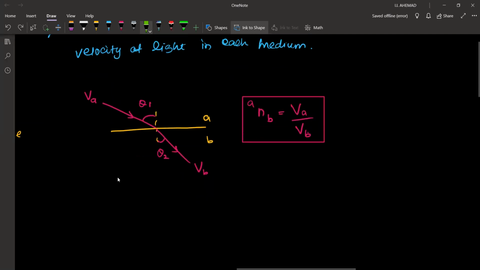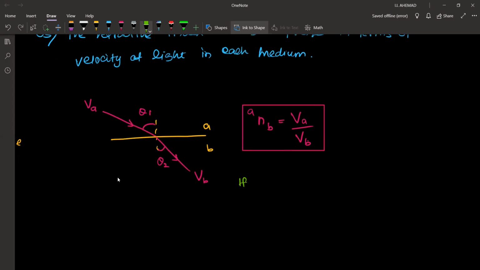So what if A is free space? That means VA is equal to C. What is C? C is the speed of light in free space.